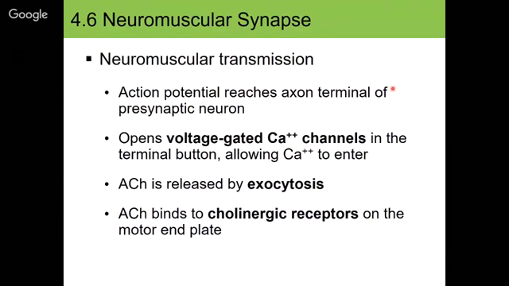And just as with the neuron-to-neuron process, it is very similar. The action potential causes the opening of these voltage-gated calcium channels that are in the terminal button, okay? And this allows a large influx of calcium ions to enter. Now, this is pretty much exactly the same as with the neuron-to-neuron synapse.